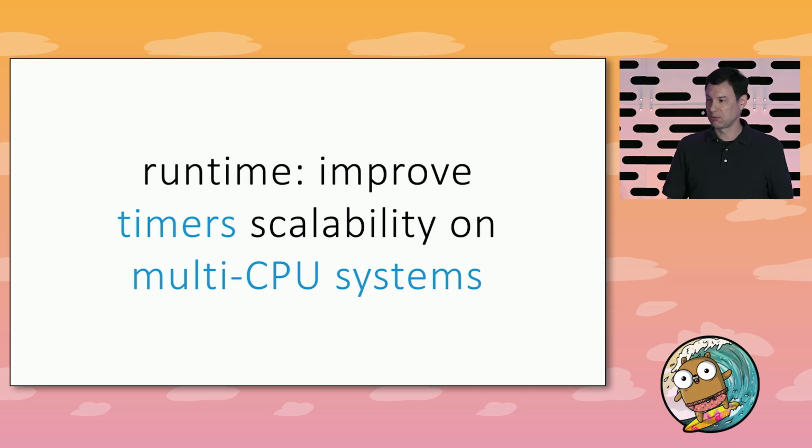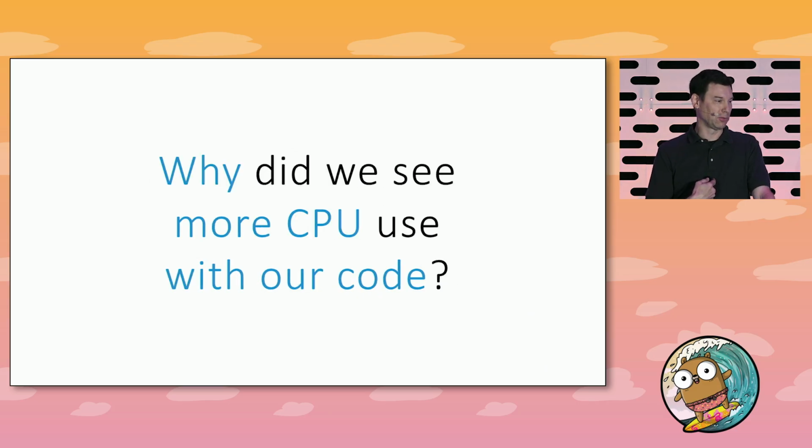We have lots of timers, lots of CPUs, but as the title of the commit says, the scalability had been improved, which I believed it did. There were benchmarks in the commit message showing it had improved. But for some reason, our process was not seeing that kind of improvement. So why did we see more CPU with our particular use case?